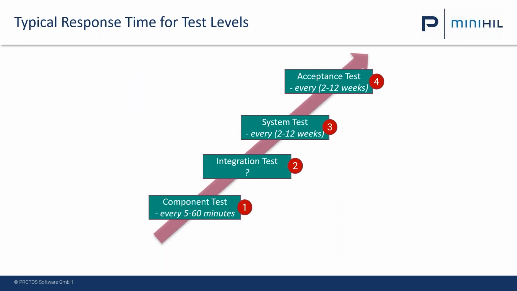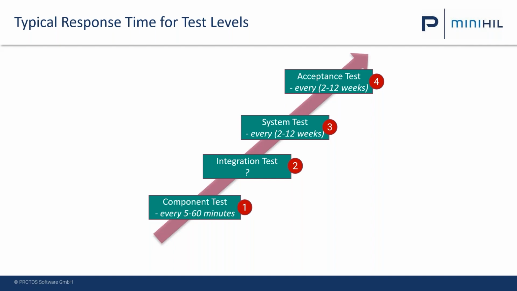Let's have a look at the typical response time for the test levels. A component test, a unit test for example, or a software integration test, usually needs a couple of minutes to run. So you can run this easily on every commit or every code change. The next step is an integration test. Usually the hardware software integration test is not done in most development phases.